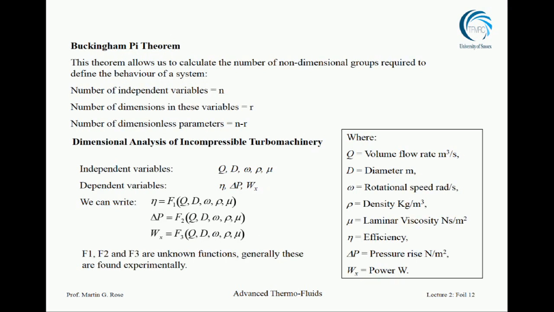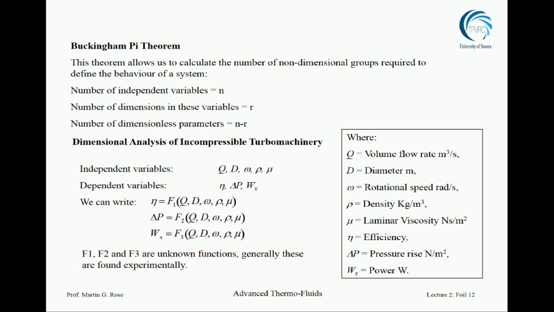There's a rather silly theorem called the Buckingham Pi theorem. I don't know anything about Mr. Buckingham, but it's Buckingham Pi theorem. What this does is to tell you globally what's possible with a dimensional analysis. He says that if the number of independent variables in the problem you're addressing is n, and the number of dimensions in these variables is r, so the maximum for r is 4 for turbomachinery, then the number of dimensionless parameters you need to describe the behaviour of the machine is n minus r.